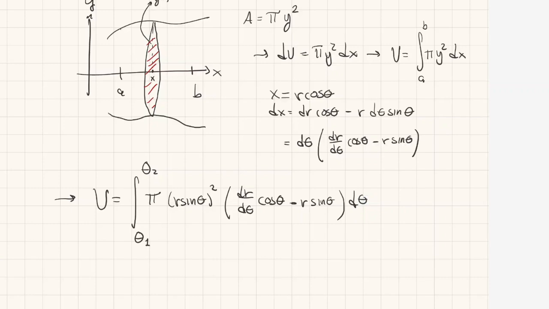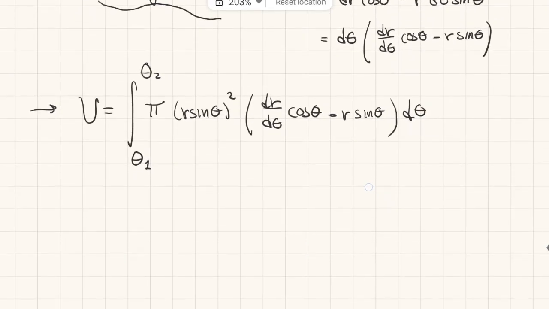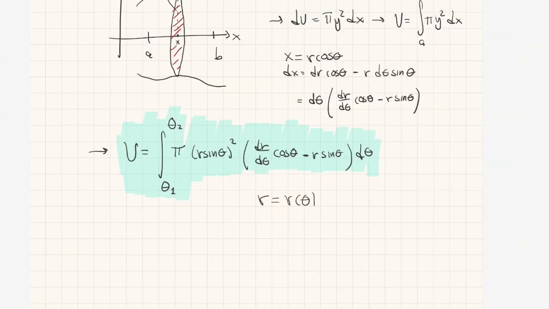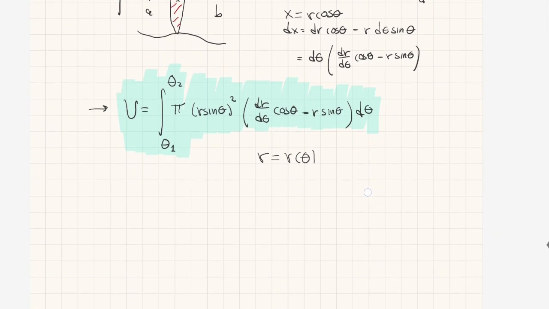Okay, recall that, again, we have a curve that is in terms of theta, of the form r of theta, right? Okay, perfect. So I think that this is the final important result of this lesson. So it is, again, the volume that is generated by a revolution of the curve r of theta in the polar plane, right? Okay, perfect.